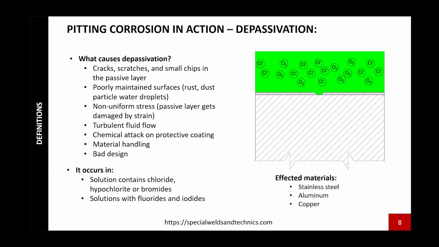The next thing we need is a corrosive environment. What is a corrosive environment? Let's say we have seawater or any fluid or gas that contains high chloride or bromide, fluoride, for example. And the last one, we need susceptible materials. What are the susceptible materials?